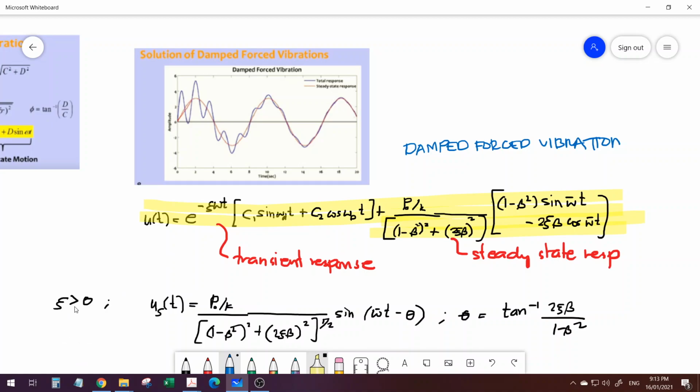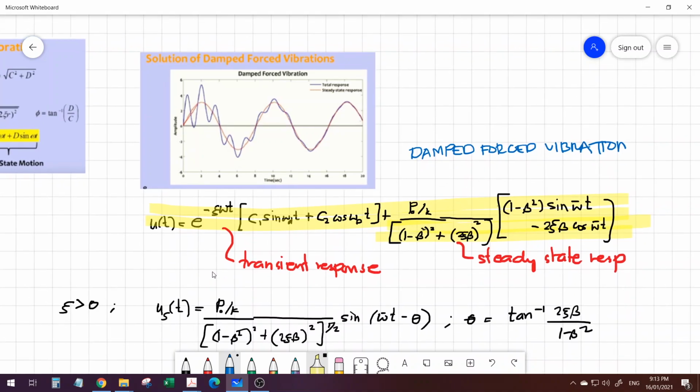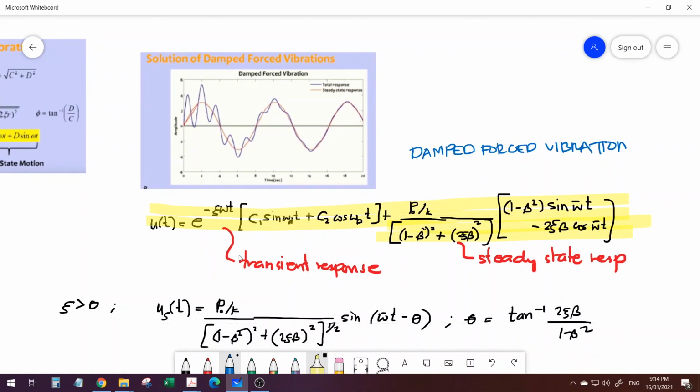Okay, this is familiar, you are familiar with this. P naught over K, encounter nyo ulit to. And this is the steady state response, or mathematically, in your differential equation, that is your particular solution. And if you combine this, it is this whole equation.